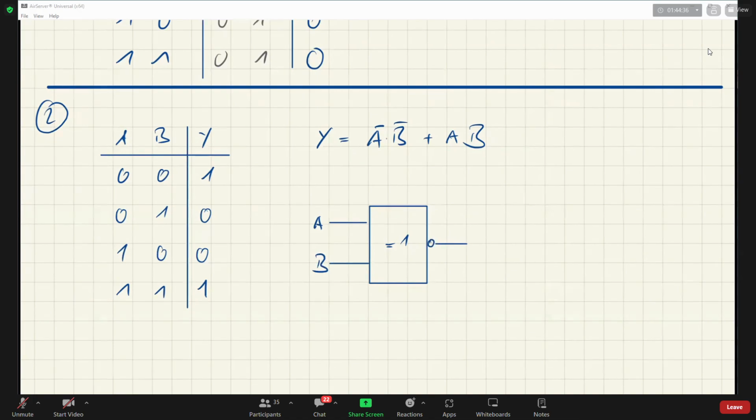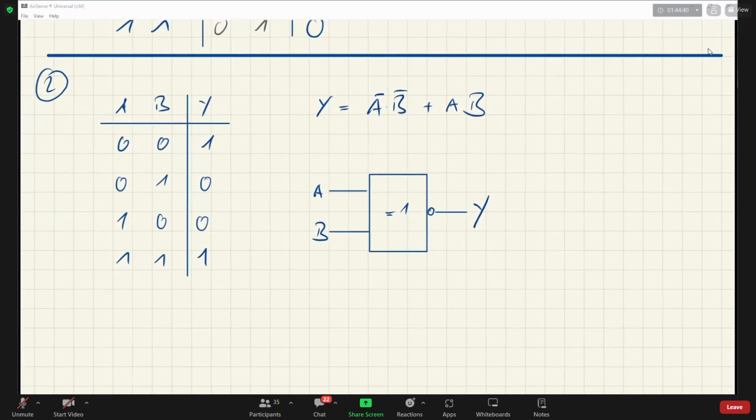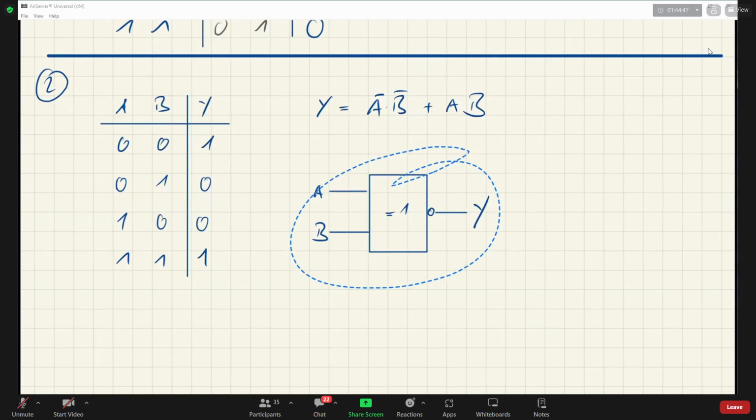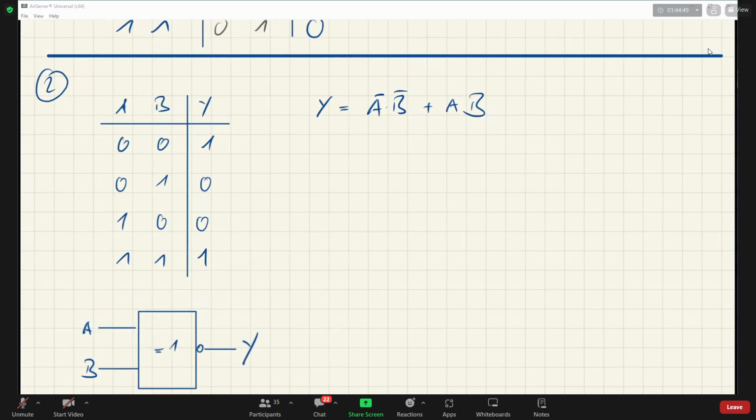Not. Or if you would draw it correctly, so if you would draw the DNF, that one here.